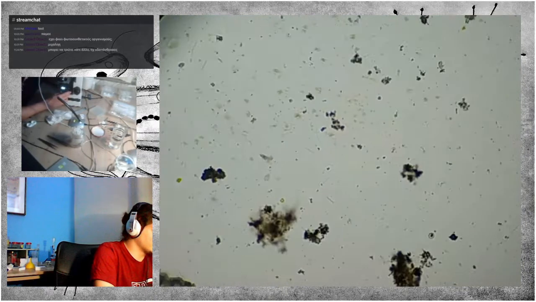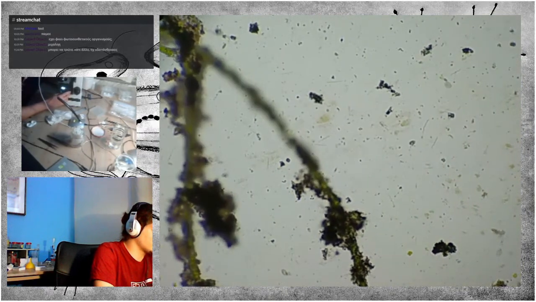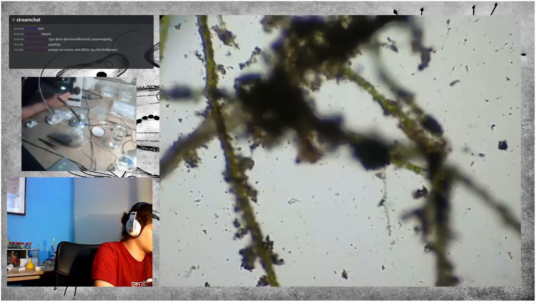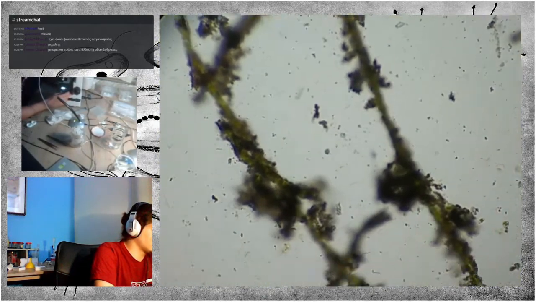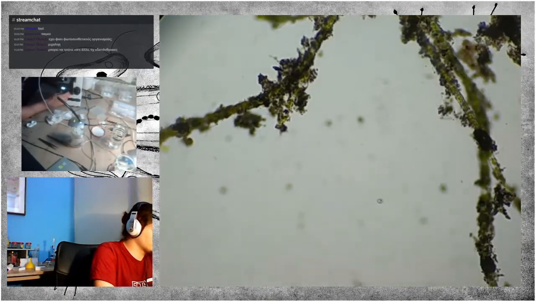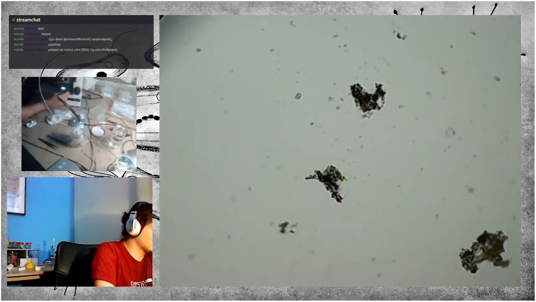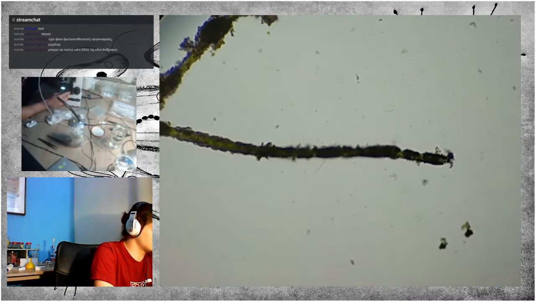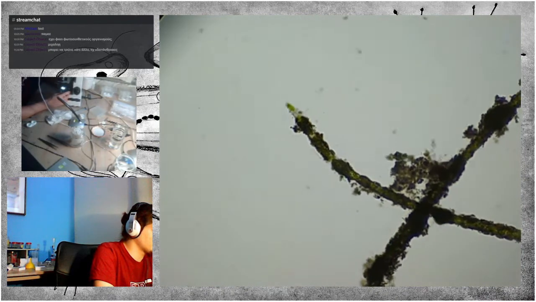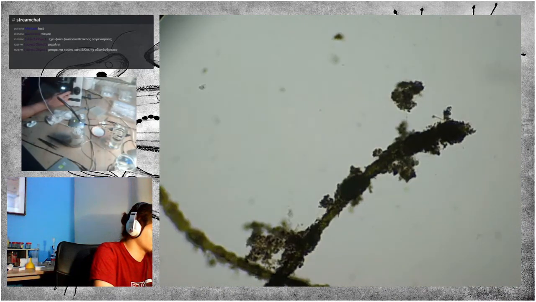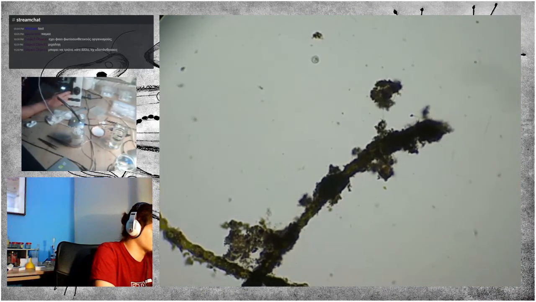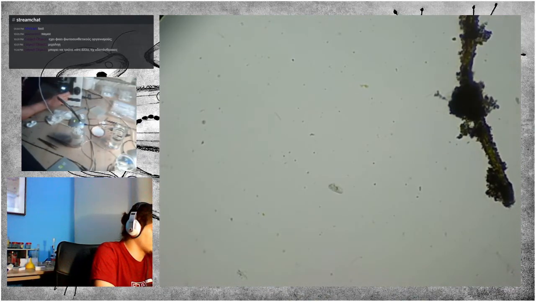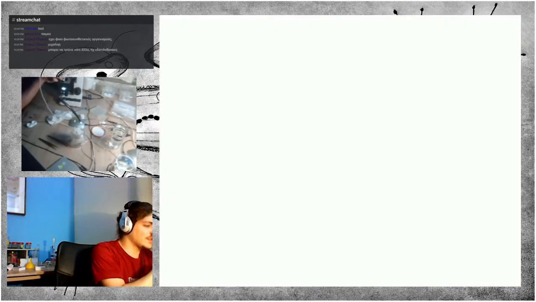Or at least I think it could be a cyst of a euglenoid. For now I'm looking for something larger and slower, because they're the easiest to observe and the easiest to find things out about.